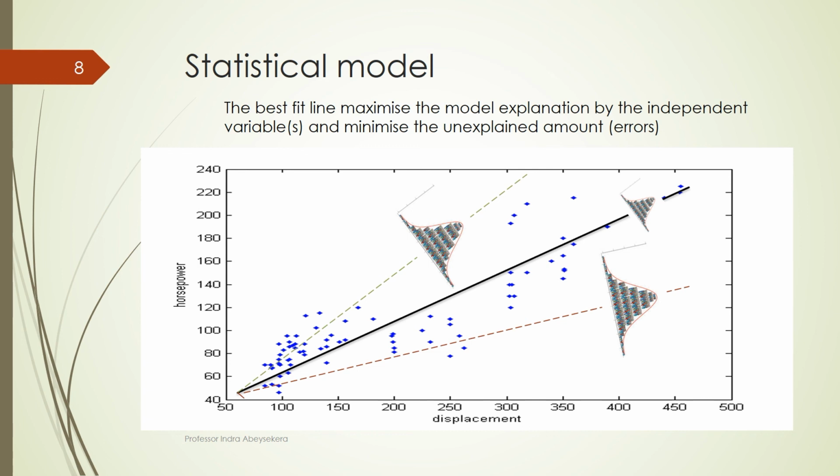So in statistical modeling, when we draw such a linear line, we draw the best fit line, and that best fit line maximizes the explanation through the model about the outcome, that is the relationship between the independent variable and the dependent variable, and minimizes the unexplained amount or the error.